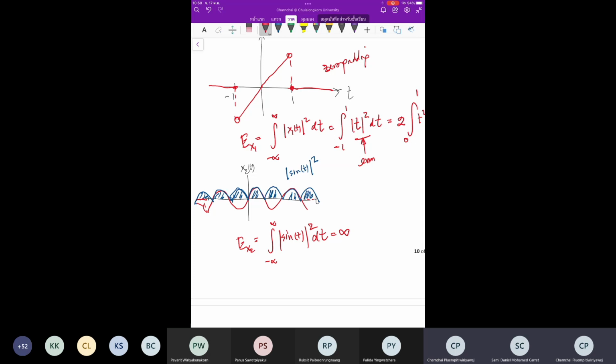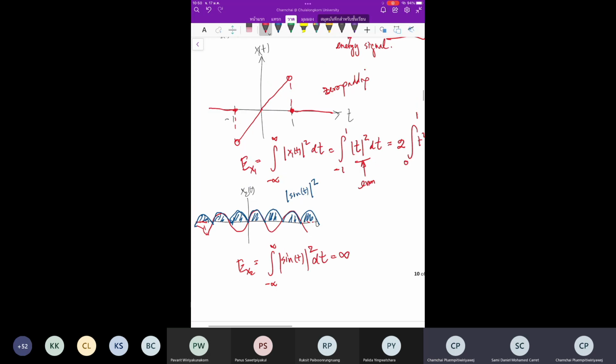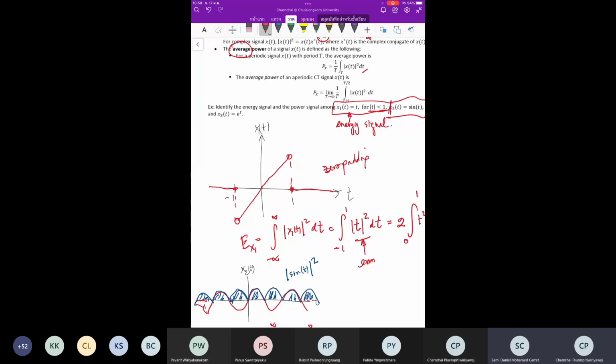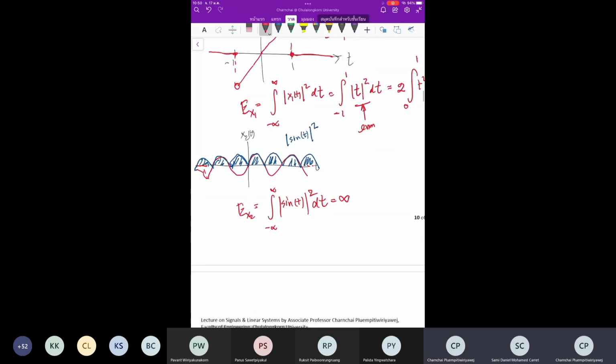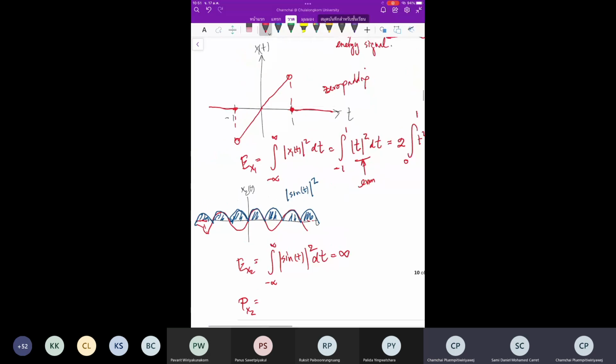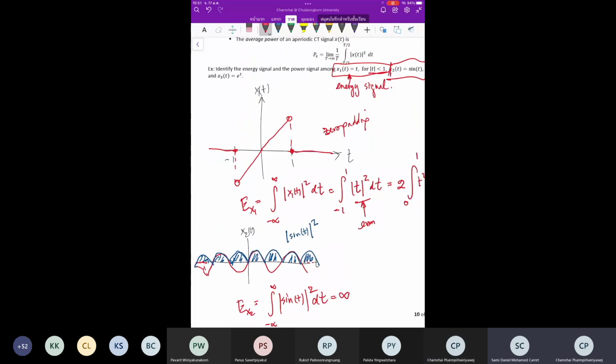Okay, now we have to check whether or not it is a power signal. If it's a power signal, you check for the average power of x2. Since this one is periodic, what is the period of sin(t)?